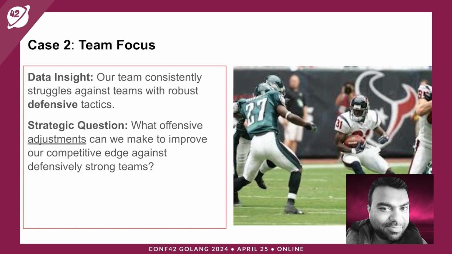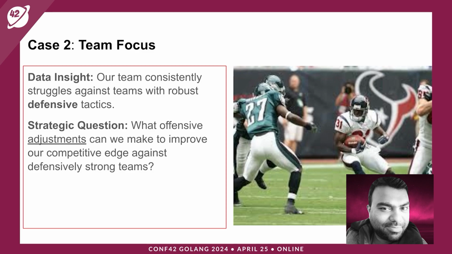The next case I would look at is based on team focus. Do you remember the Chicago Cubs' strategic victory in the 2016 World Series? How they overcame Cleveland's strong pitching and Corey Kluber's dominance.